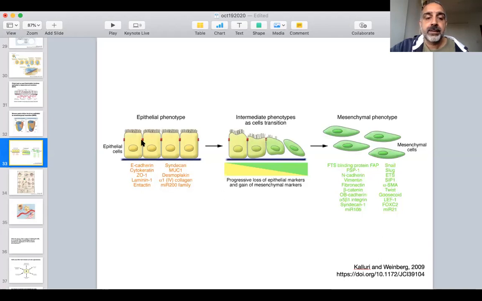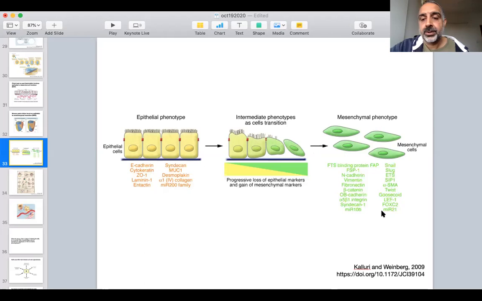So things like E-cadherin, which is part of the adherens junctions, ZO1, which is part of the zona occludens, the tight junctions, things like laminin, which is important for the interaction with the basement membrane, are downregulated. And as this downregulation happens, you start getting a mesenchymal phenotype.